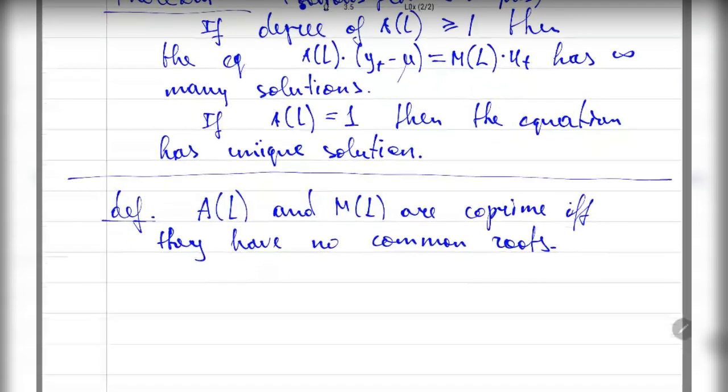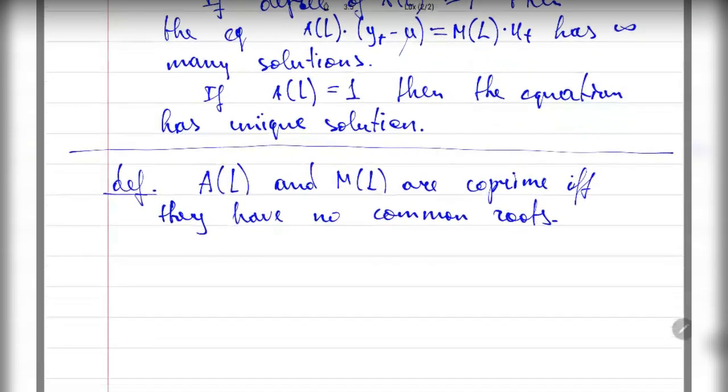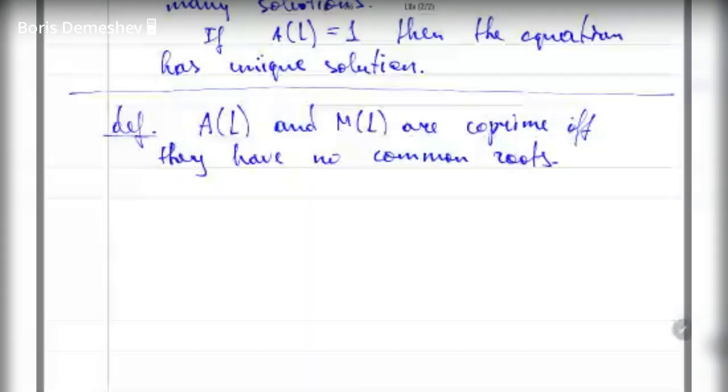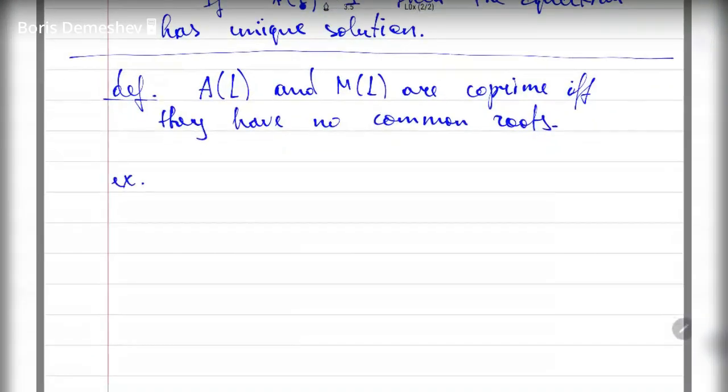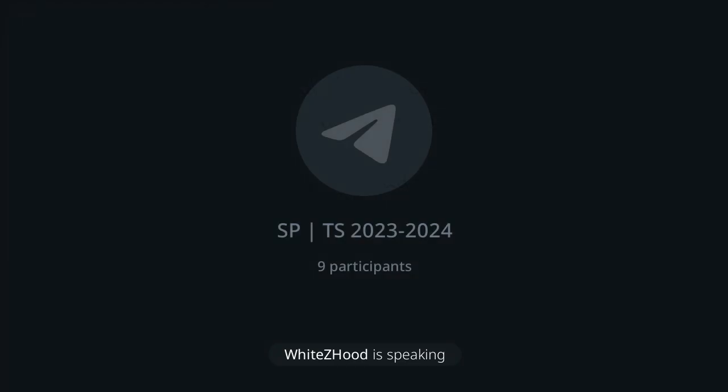Do you understand what coprime polynomials are? Взаимно простые in Russian, so they have no common roots. Just an example, let's say 5 minus L, and yeah, we understand what it means? That there are just no similar roots, right? It's just that the roots are different, yeah.